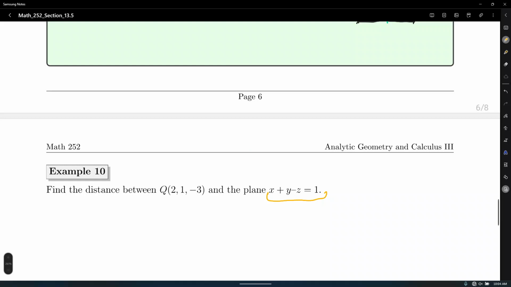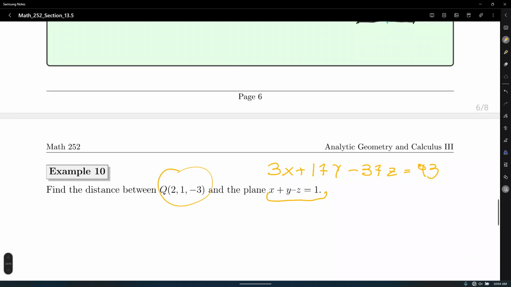Okay, but what if you're given this madness here? 3x plus 17y minus 37z equals 93. That plane, all right? And the same point, so to speak. How are you going to find a point on that plane? Okay, think about this.